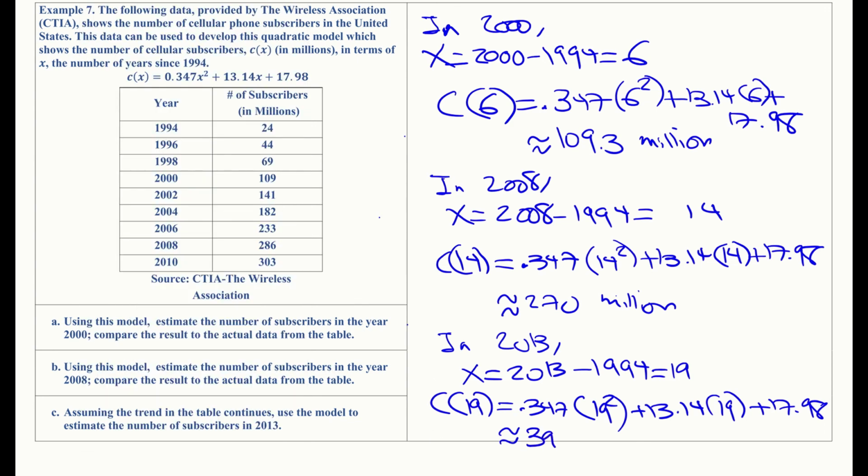Now this one is quite unreliable because things can happen. Notice that 2013 falls outside of the range of years for which we have actual data. So we call this extrapolating. This is something you want to avoid. It's okay if you don't have some year in here like 2003.